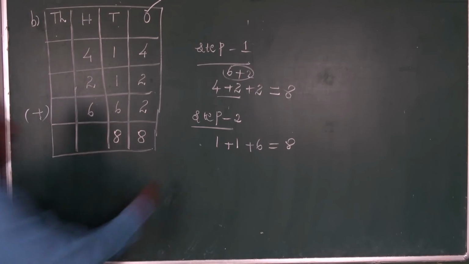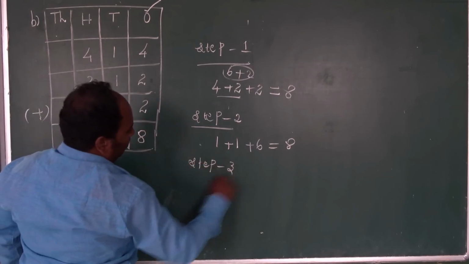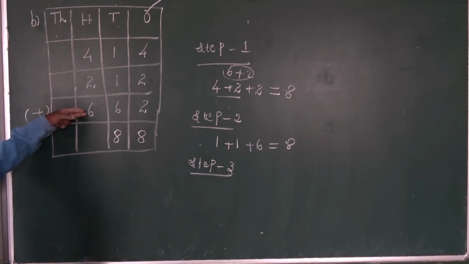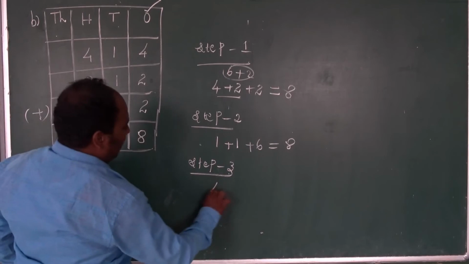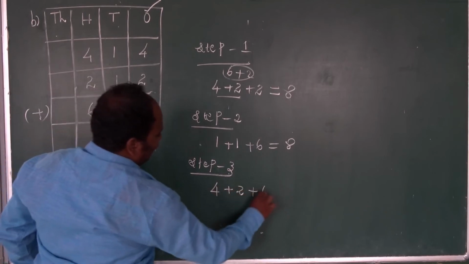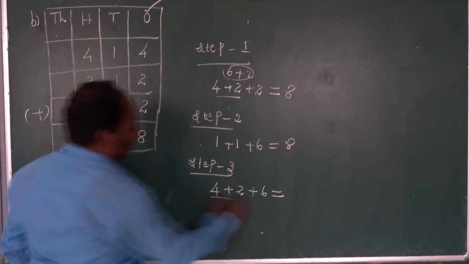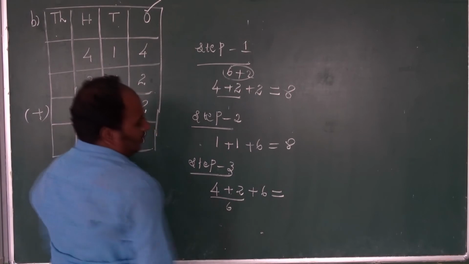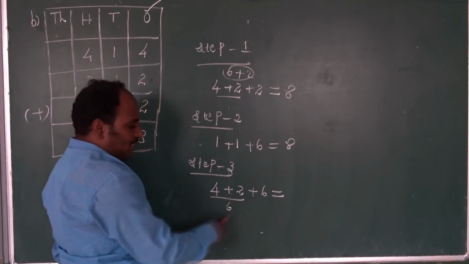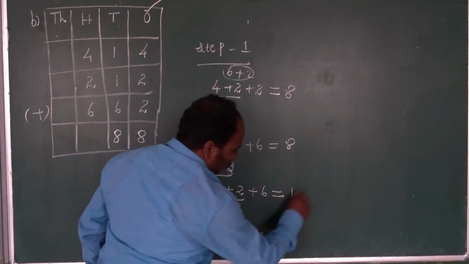The next one, we add the hundreds place: 4 plus 2 plus 6. This is now the hundreds place. 4 plus 2 is equal to 6, and 6 plus 6 is equal to 12.